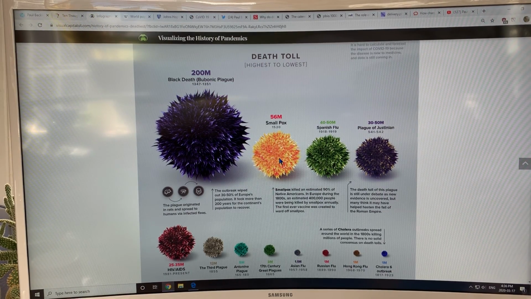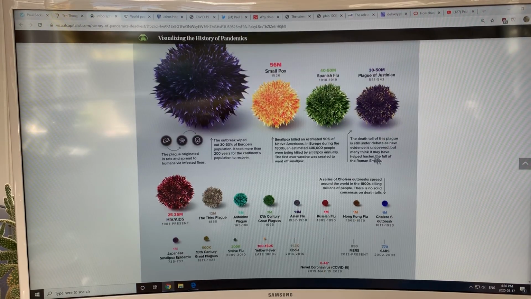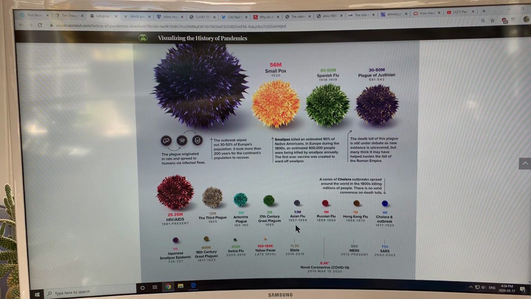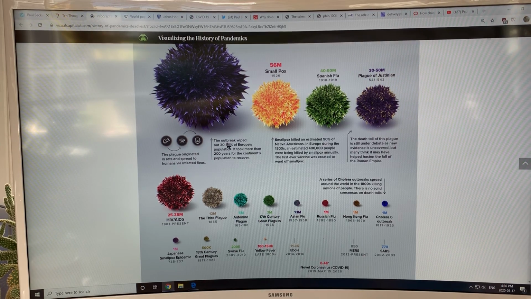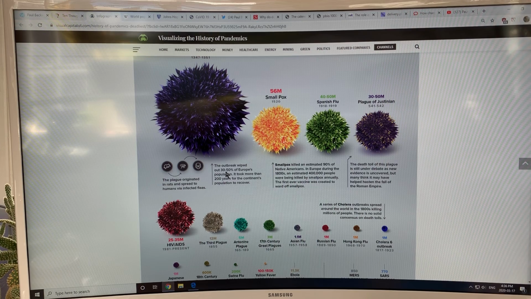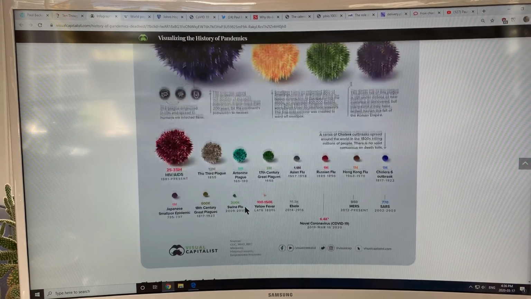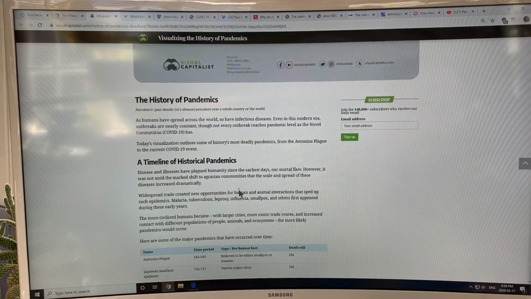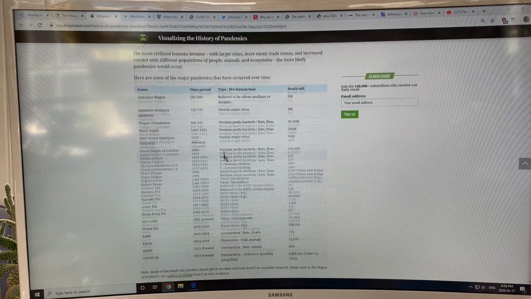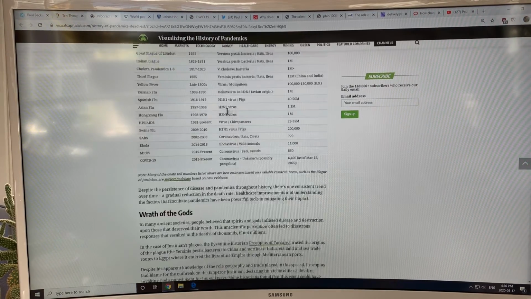And we have the smallpox, Spanish flu, plague of Justinian, and so on. Now it says here that the Black Death wiped out 30 to 50% of Europe's population. It took more than 200 years for the continent's population to recover. These things significantly changed the world. You can read a little bit about the history down here.